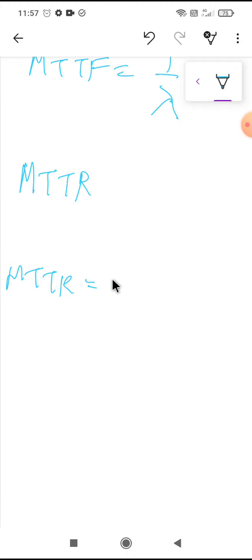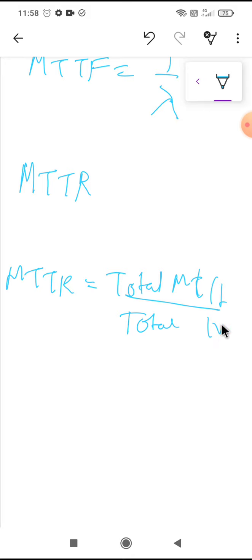It means how much time it takes to repair one item. Suppose there are 10 defective items, each will have a different time to repair. So total maintenance time divided by total number of items. This is the MTTR.